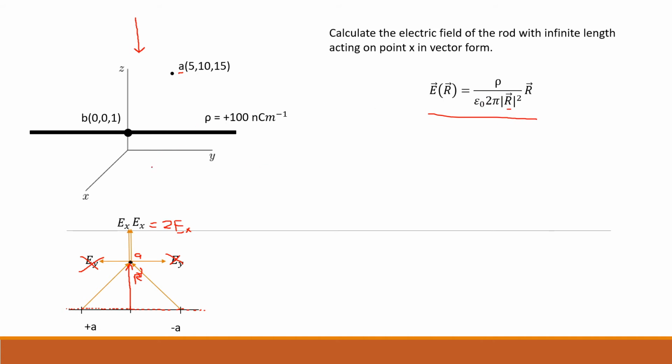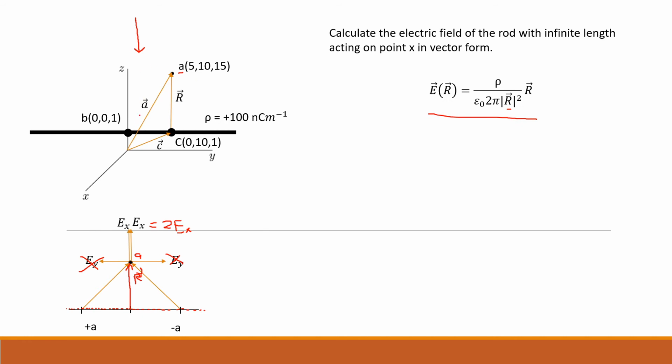So let's get back to the question: how are we going to find the R vector? It is kind of simple. We just have to label all the vectors that we require to solve the question. So let me label it quickly here.